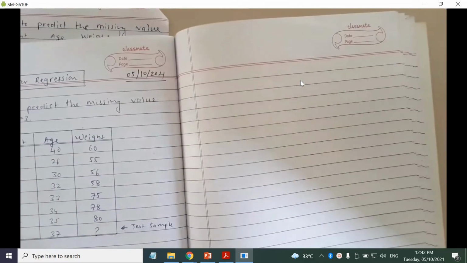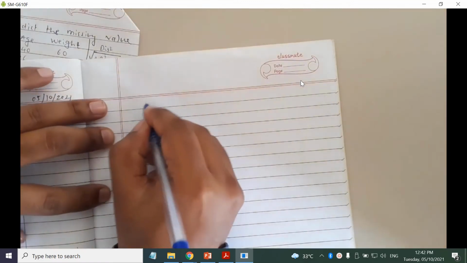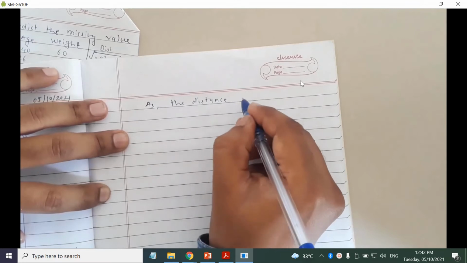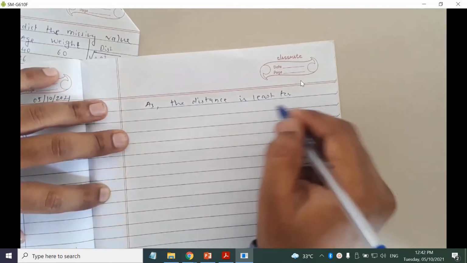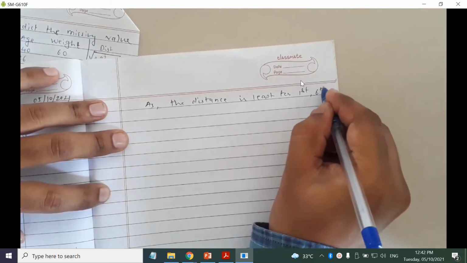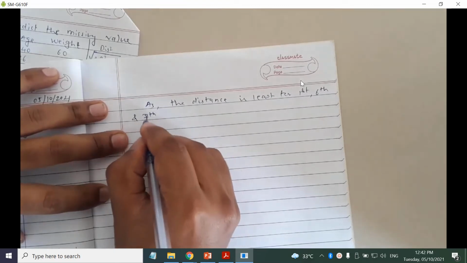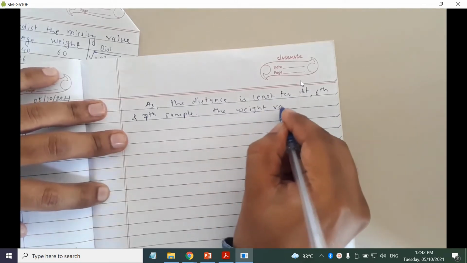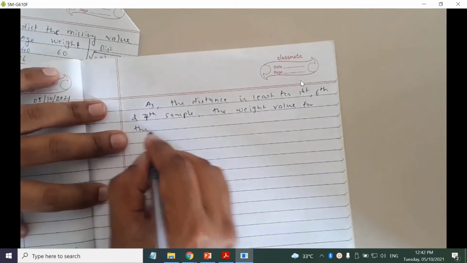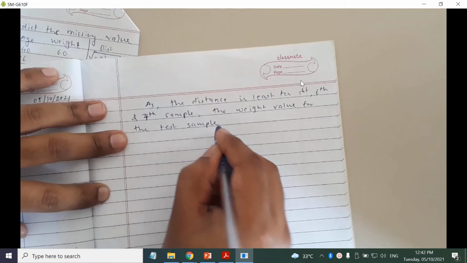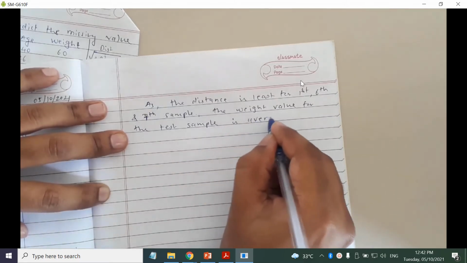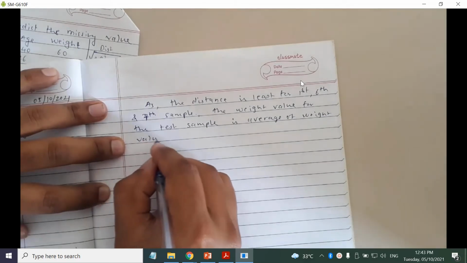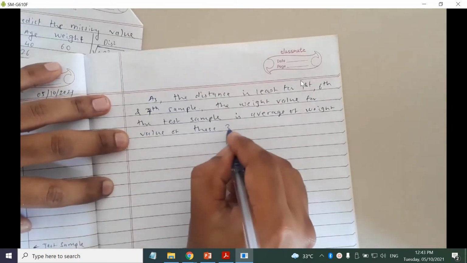As the distance is least for the first, sixth and seventh samples, the weight value for the test sample is the average of the weight values of these three nearest neighbors.